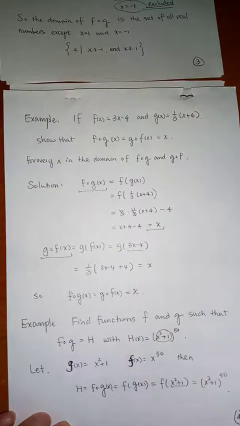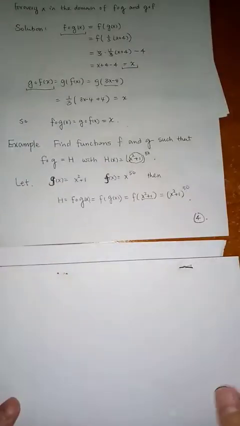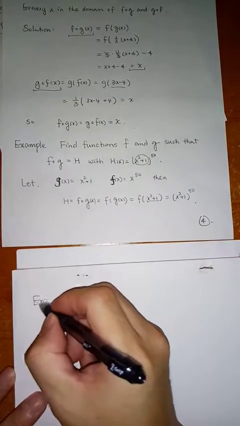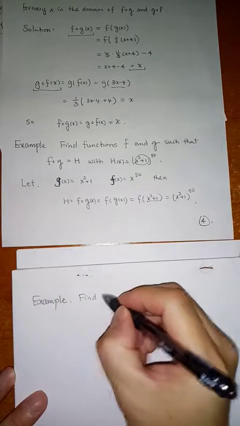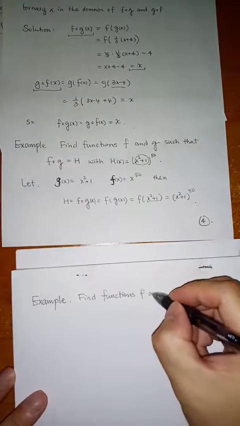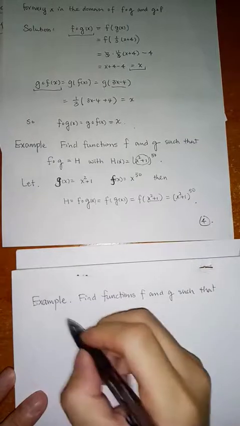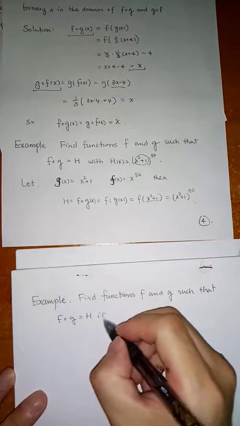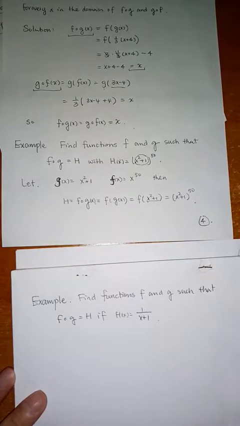Okay, so let's see one more decomposition. The decomposition can be the following. Find functions f and g such that f compose g is equal to h, if h of x is 1 over x plus 1.